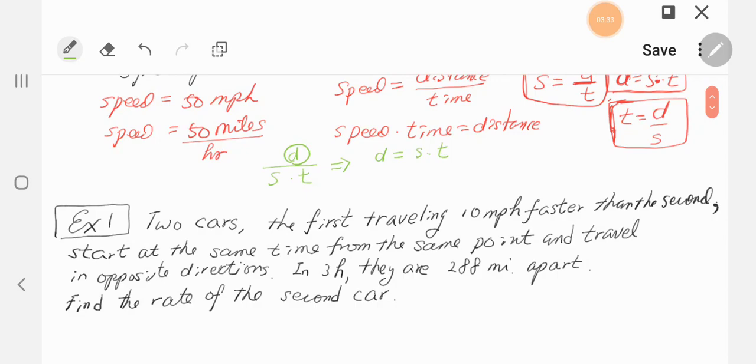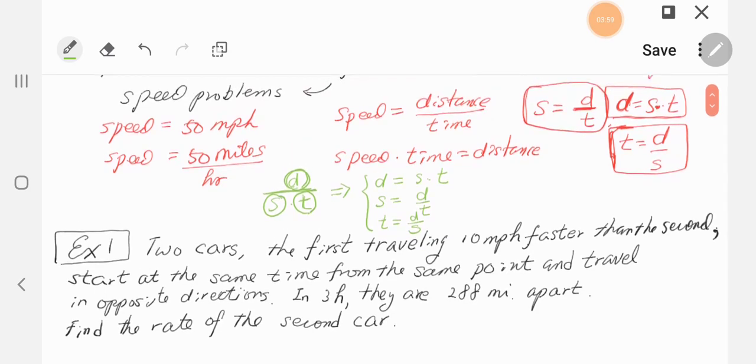If we want to find the speed, then the speed is equal to D over T. And finally, if you want to find time, then time is equal to D over S. Make sense? So you can memorize the three equations like this, or you can memorize the equation based on the speed. Speed is distance over time, and so on.